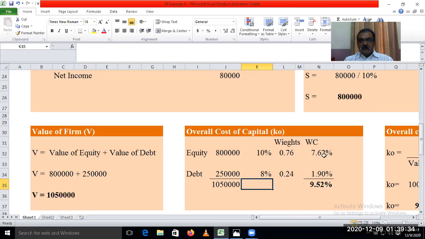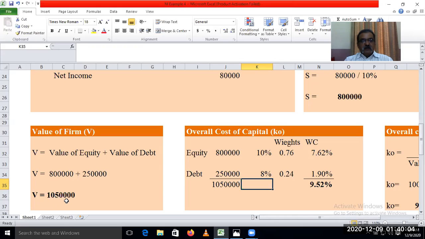And now the weighted cost, that is the specific cost multiplied by weights. 10% into 0.76 is 7.62%, 8% into 0.24 is 1.90%, and the overall cost of capital is 9.52%. That we can call the overall cost of capital, or overall capitalization rate, or weighted average cost of capital. So these two things were asked.